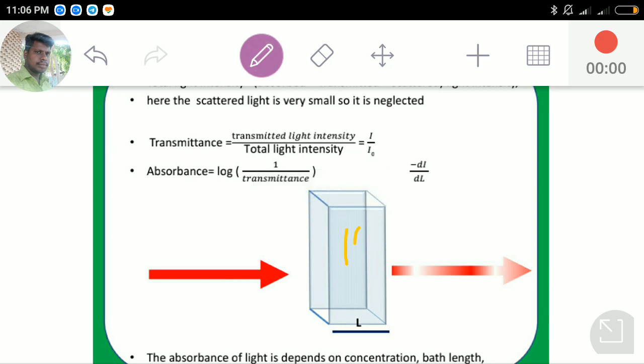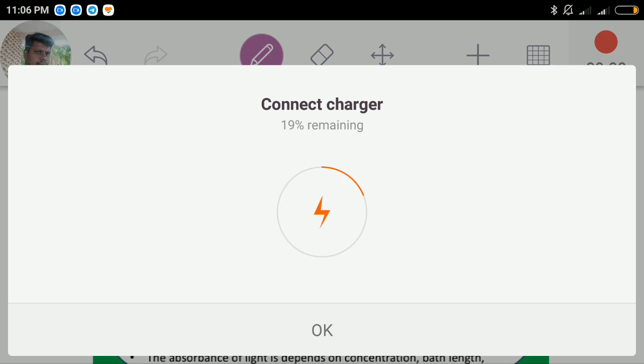Let's take a small interval, called dl. Then the decrease in intensity equals minus dI by dl. The rate of decrease of intensity is proportional to C, the concentration, and I, the incident intensity. So it is a simple linear equation.